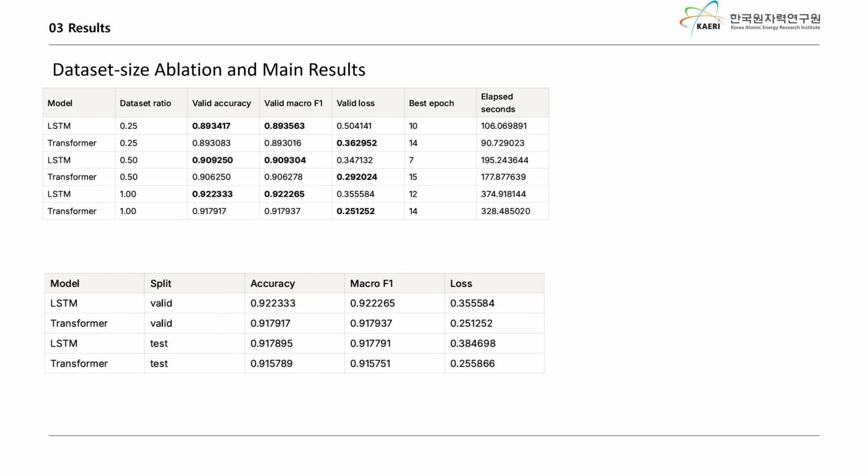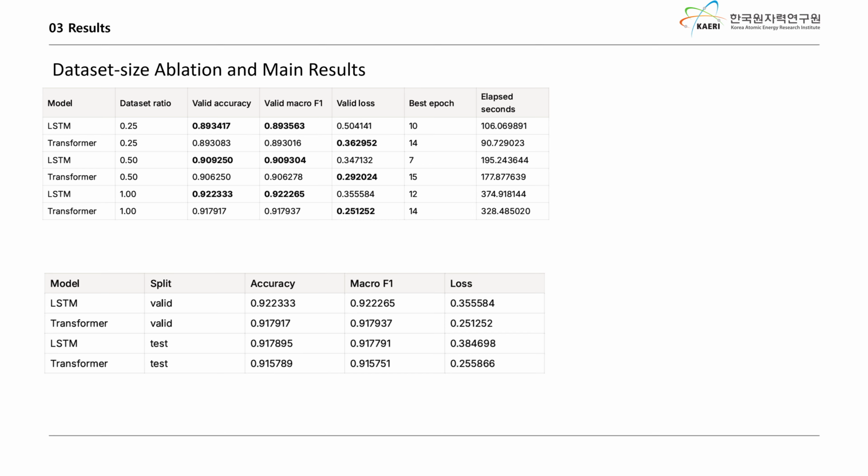We scaled the training data across 25%, 50%, and 100%. A distinct pattern emerged on the 100% test set. The LSTM holds a slight edge in discrete metrics, achieving about 91.8% accuracy compared to the transformer's 91.6%.